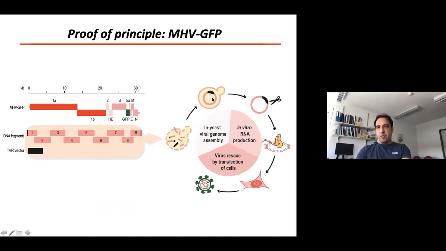In the yeast, we expected that we get the yeast artificial chromosome, and from there we then screen for correct colonies, we prepare the YAC, and then from there we can use the established method to rescue the virus, meaning that we transcribe with T7 RNA polymerase an infectious RNA, put that into cells, and then in the supernatant we will have our recombinant virus.